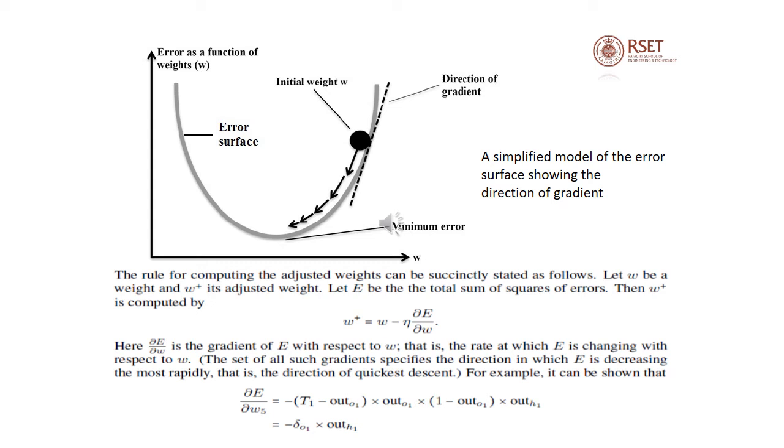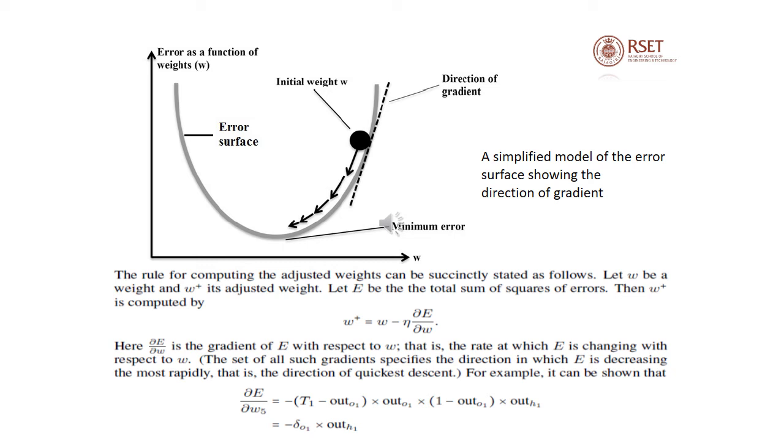So how we can update the weight is: Wi new is equal to Wi old minus eta into ∂E/∂W. So ∂E/∂W is the gradient of E with respect to W, that means the rate at which E is changing with respect to W.